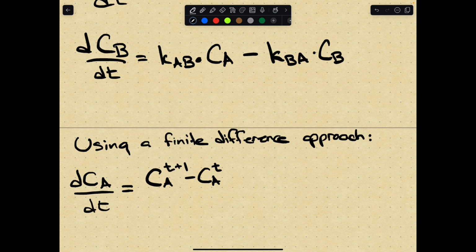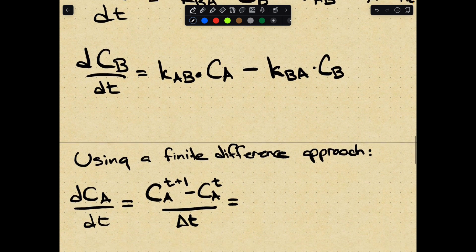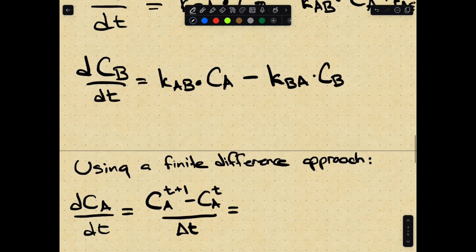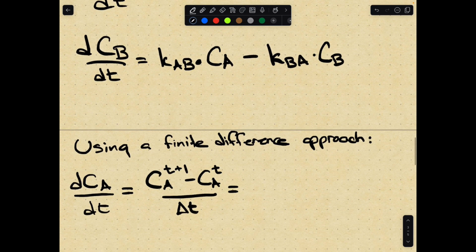I'm using a superscript here not to denote an exponent, but to denote the time at which this happens, divided by a delta t, which I'm going to choose. And I'm going to say that this equals, and I'm not going to include the anthropogenic emission term here now, just for brevity.